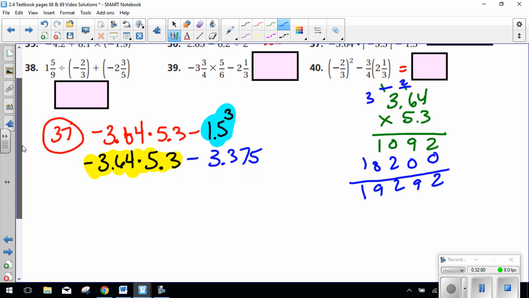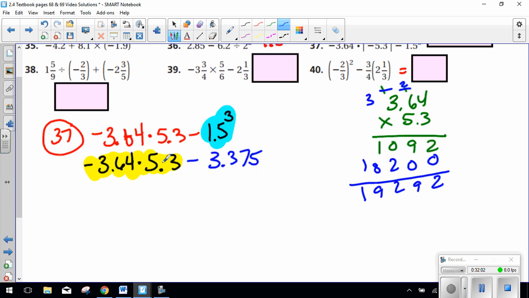Okay. So a negative times a positive is a negative because the signs are different. And I need to figure out what my decimal point is. 1, 2, 3. So 1, 2, 3. So I get negative 19 292 thousandths minus 3 375 thousandths.